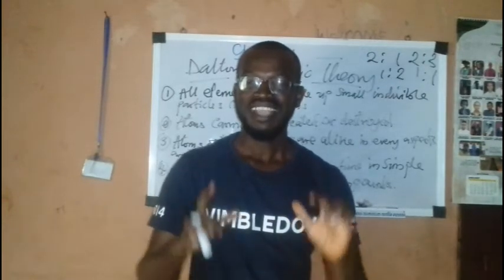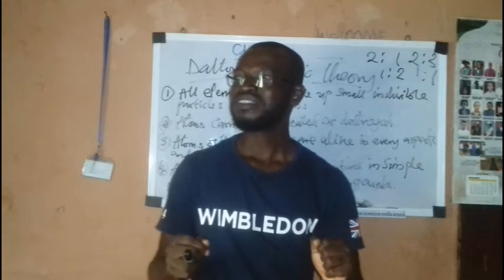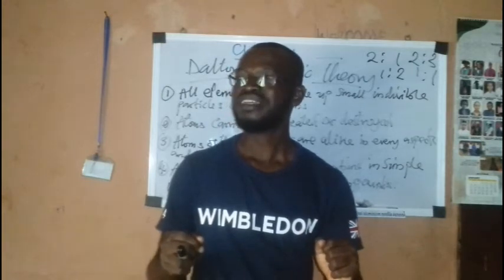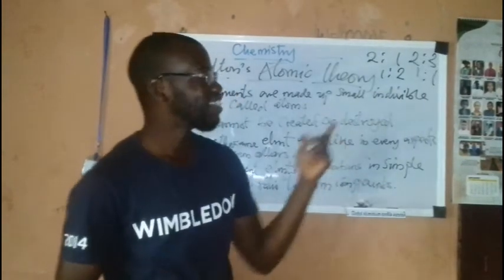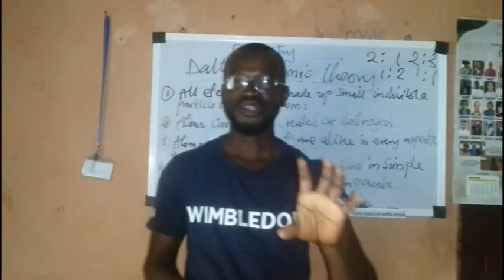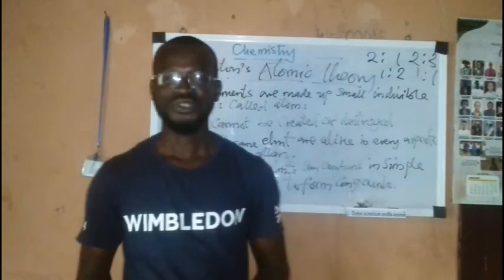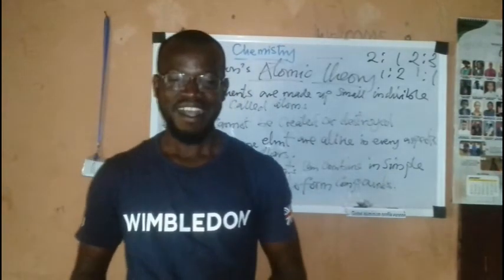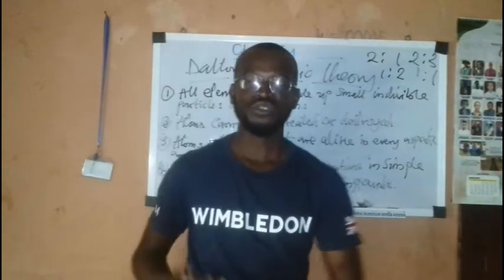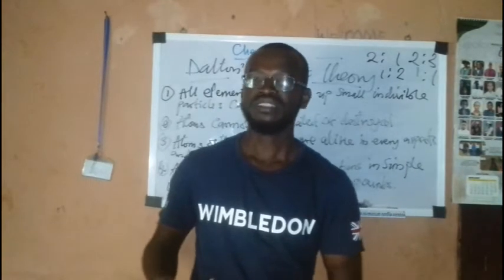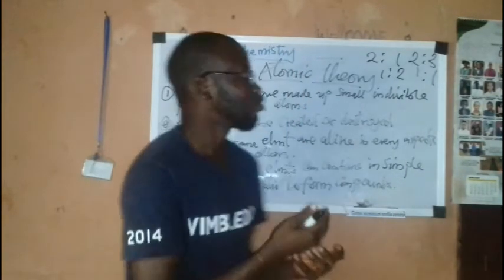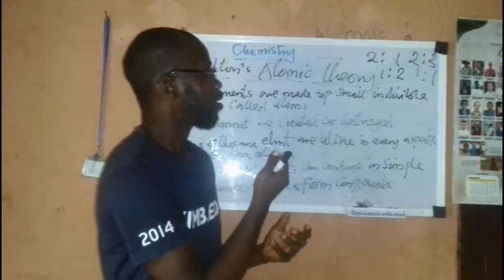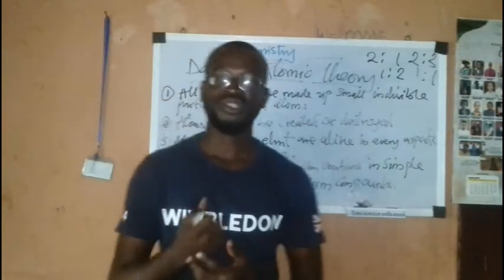But the question is, how generally acceptable are these statements? Now, we'll look at this in the modification of John Dalton's theory. As time evolved, chemists started noticing that there are limitations to the theory compiled by John Dalton.